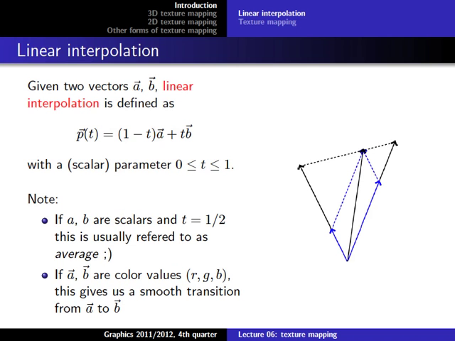What it does is it uses something that is called linear interpolation, because we have different color values at different vertices of the triangle, and in between we interpolate between those color values. And this is done by using this linear interpolation equation, which you can think about as a weighted sum.